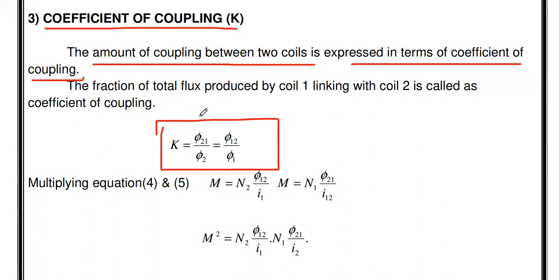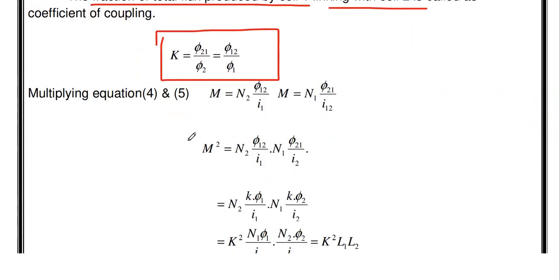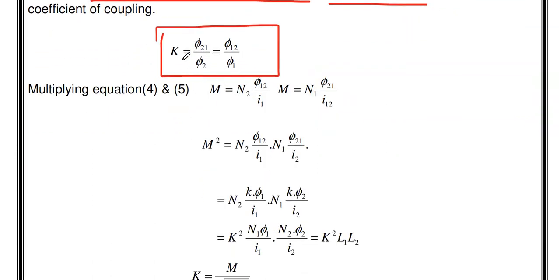The fraction of total flux produced by coil 1 linking with coil 2 is called the coefficient of coupling, phi 12 divided by phi 1. So this is the definition. There is a relation between the coefficient of coupling, mutual inductance and self inductance, and now we are going to derive that relation.